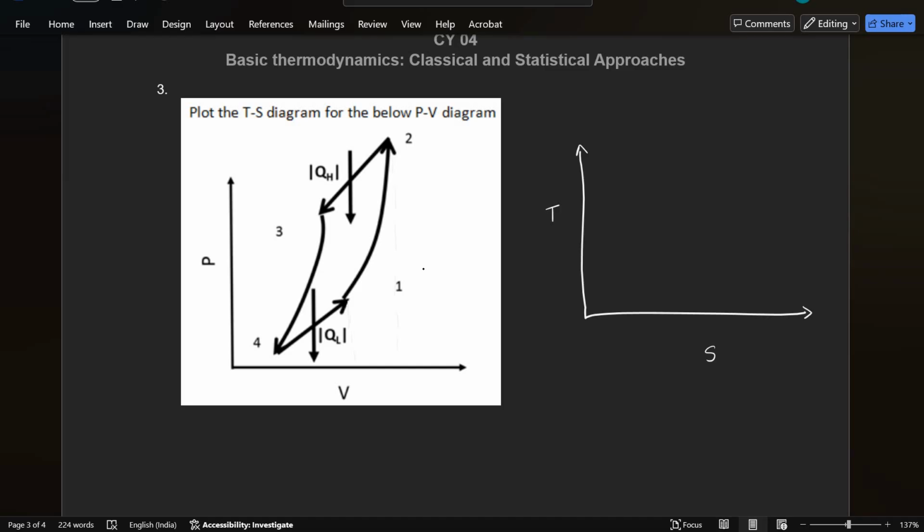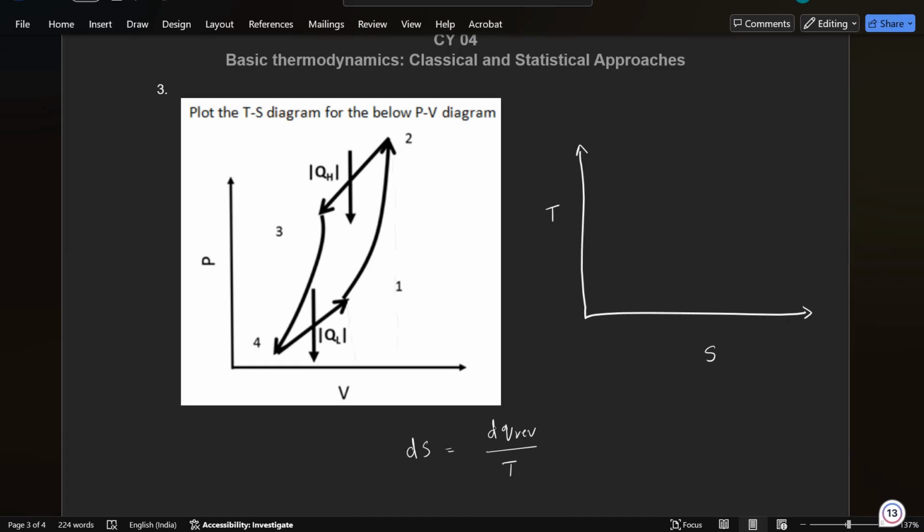So what is the formula for delta S or entropy change? Delta S is dQ reversible by T, right? Since there is no heat exchange, dQ is going to be 0, correct? So there won't be any change in entropy, correct?